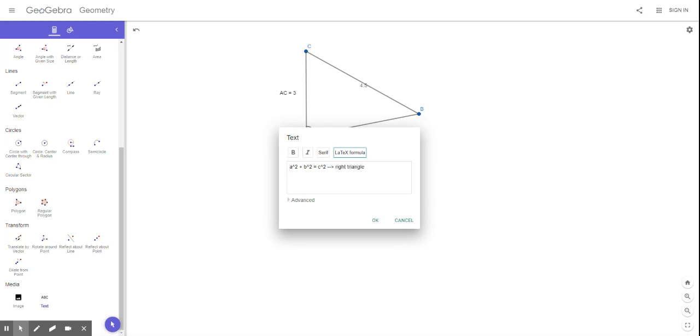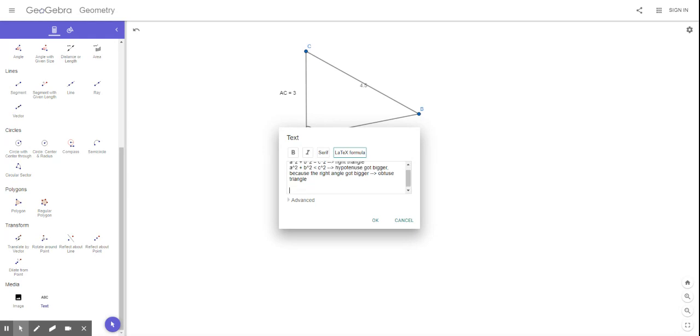If a squared plus b squared is less than c squared, what happens is the hypotenuse got bigger. The c squared is bigger than a squared plus b squared because the right angle got bigger. So it's an obtuse triangle.